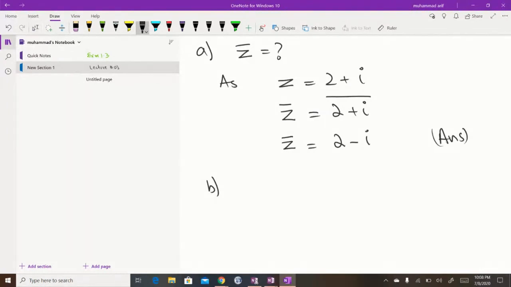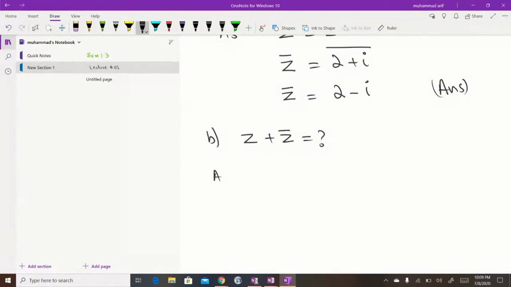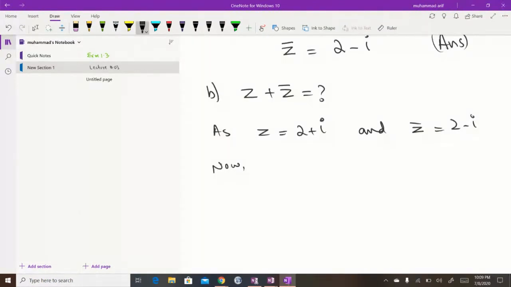Now into the second part, part B, we are to calculate the value of z plus z conjugate, as z is equal to 2 plus iota and z conjugate is equal to 2 minus iota. Now z plus z conjugate becomes 2 plus iota plus 2 minus iota.